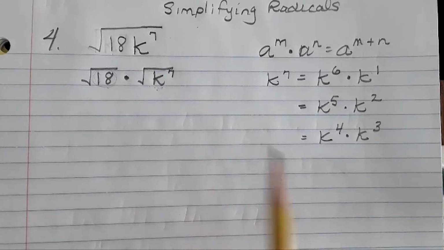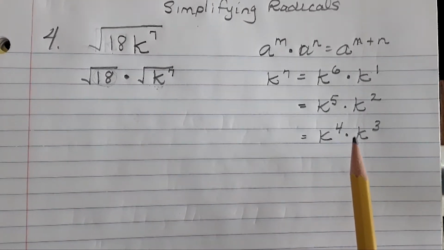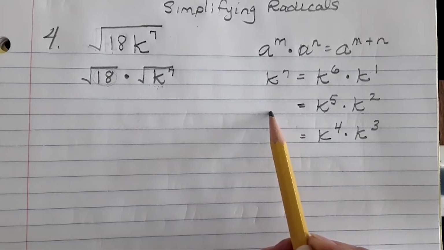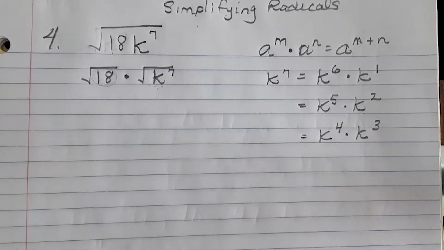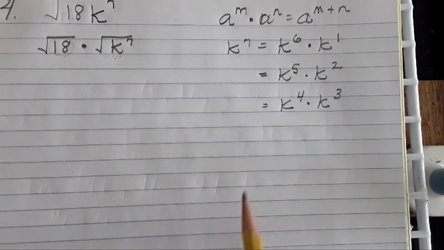I need to find out which one contains a perfect square and which one has the largest perfect square. So let's think about what a perfect square is. A perfect square is when you're multiplying the exact same thing together to get your perfect square. Let's just throw some examples out there.